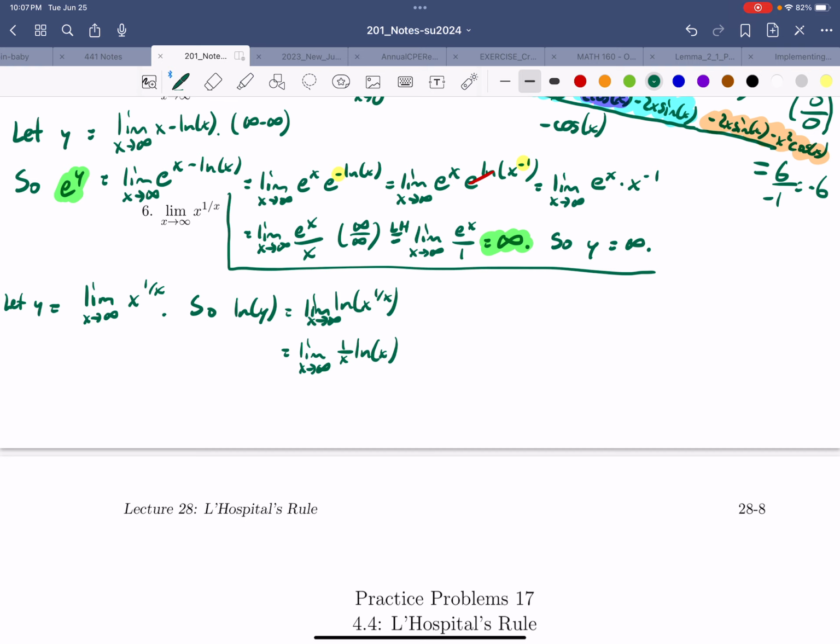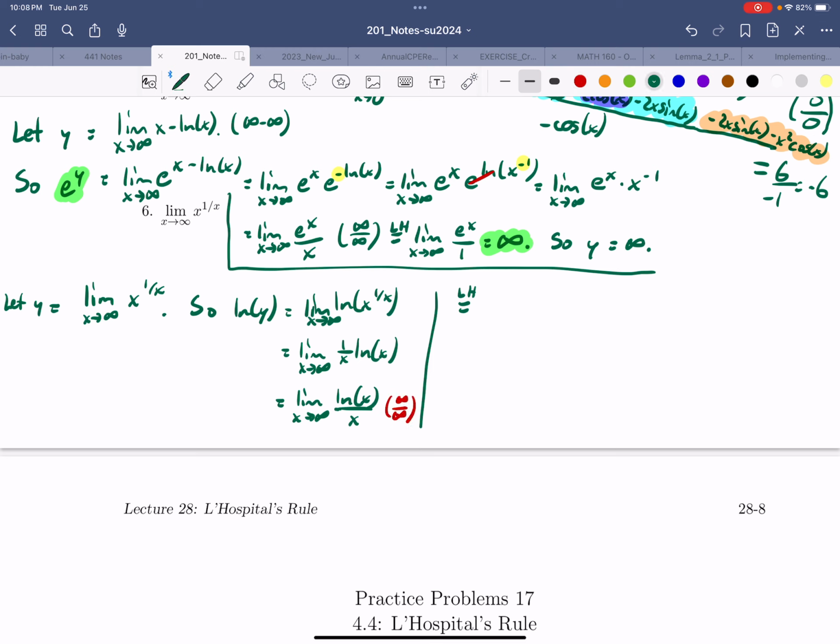And if we want to make that even a little nicer, we can make that the limit as x approaches infinity of ln of x all over x. At this point, we see that we can use L'Hopital's rule because this is actually infinity over infinity.